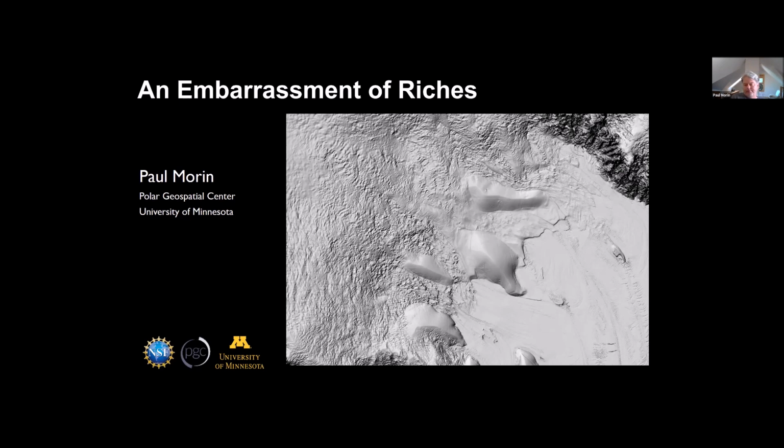As Sridhar said, I'm director of the Polar Geospatial Center at the University of Minnesota, and we're a science support organization, primarily funded by the National Science Foundation, to provide geospatial support for NSF activity at both poles. In the most basic of descriptions, we make the maps for US investigators at both ends.